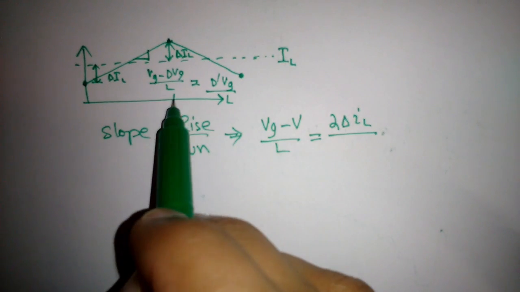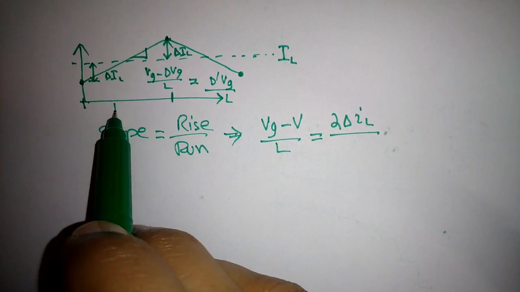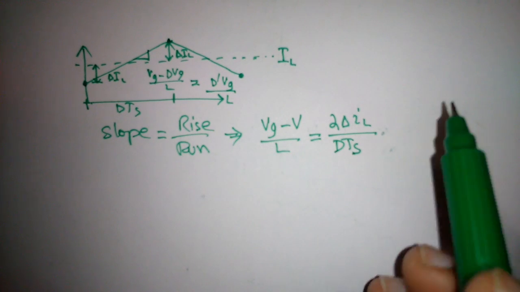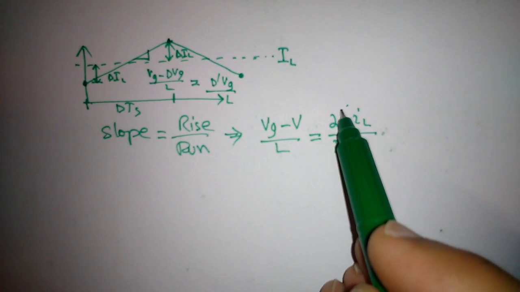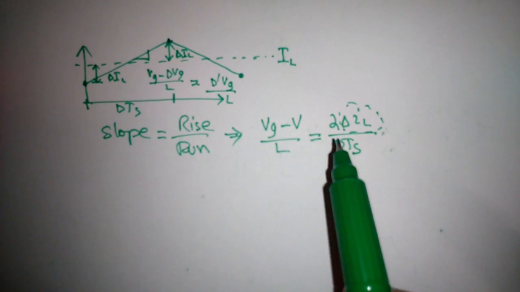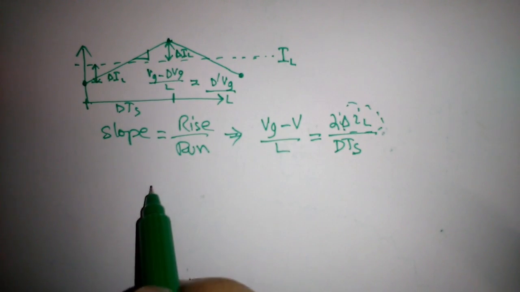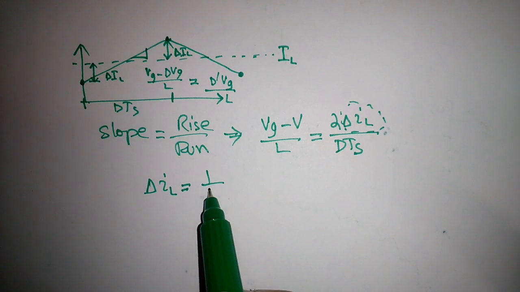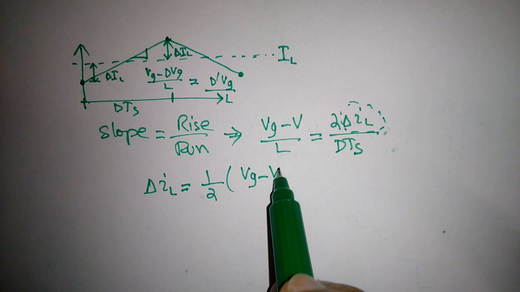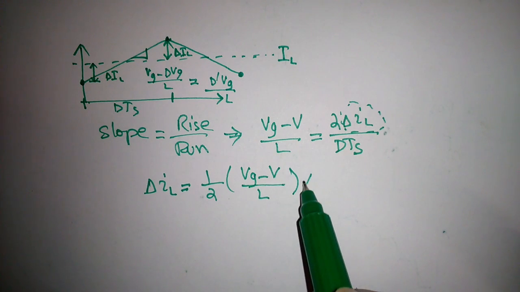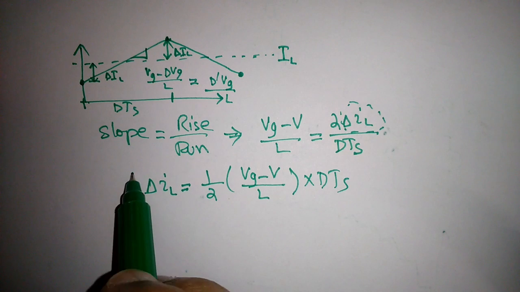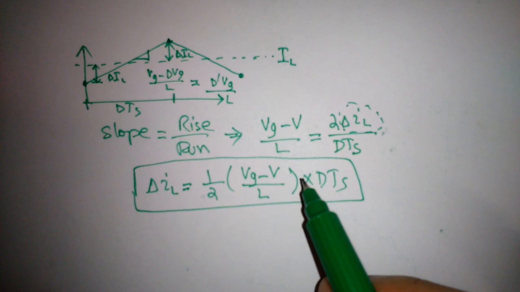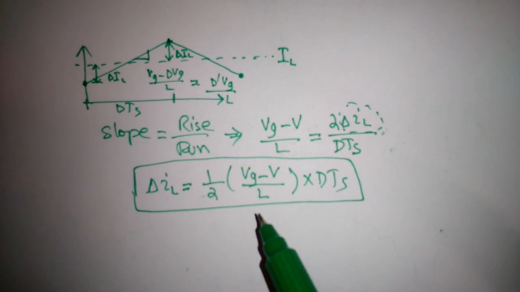The run from this point to this point is equal to dTs. So this is the magnitude of ripple that we are interested in. That comes out to be delta IL is equal to 1 by 2 into (Vg minus V) over L into dTs. So this equation tells us how much is the magnitude of inductor current ripple.